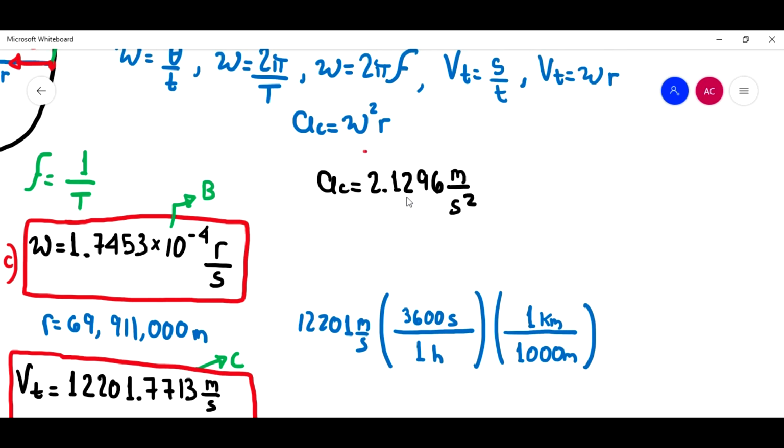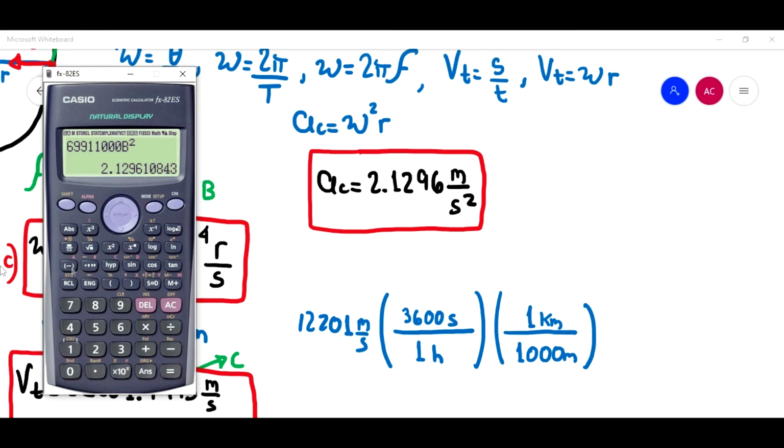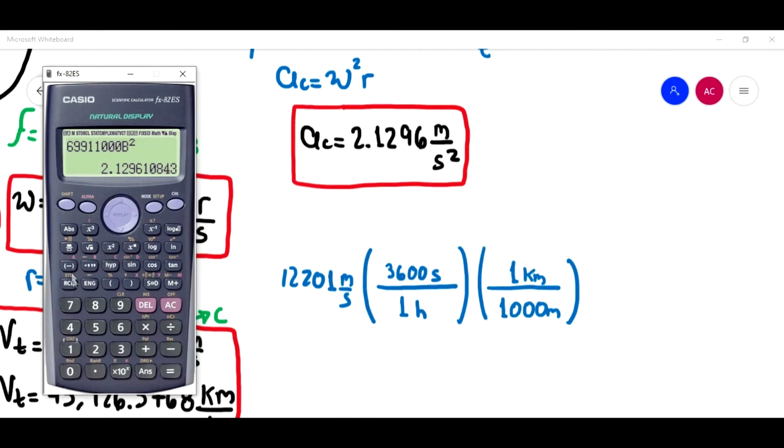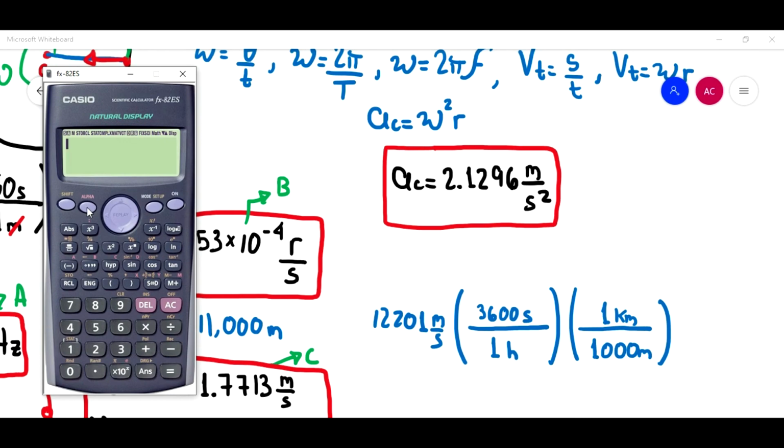Okay, so I'm going to circle this answer over here, and I'm going to save this value in my memory. I got C, well, shift STO D. I just want to make sure that I got the real value over there.